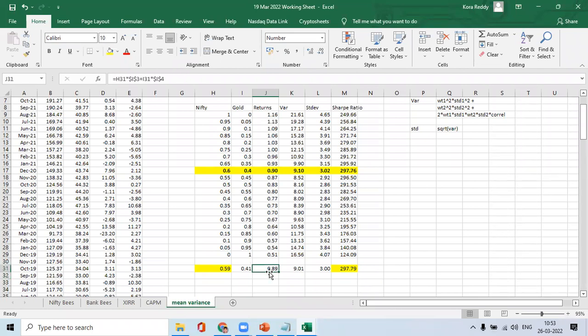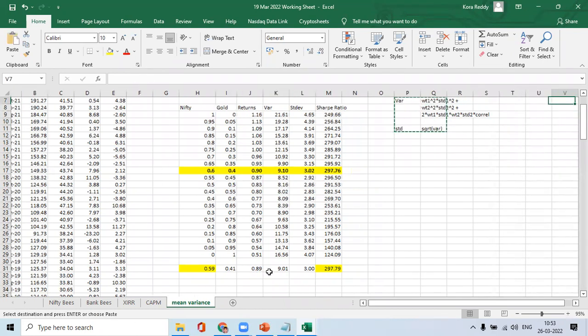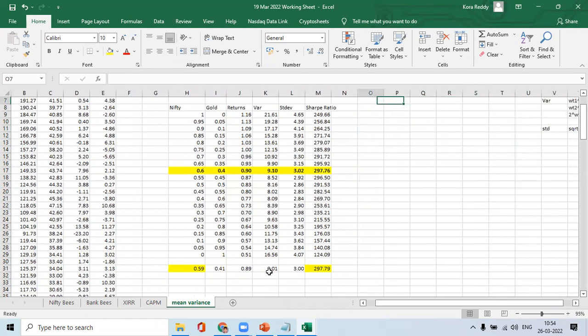Now, what you also can do is a graph. We'll just call the standard deviation risk, and the returns reward. So risk is my standard deviation, reward is my returns.